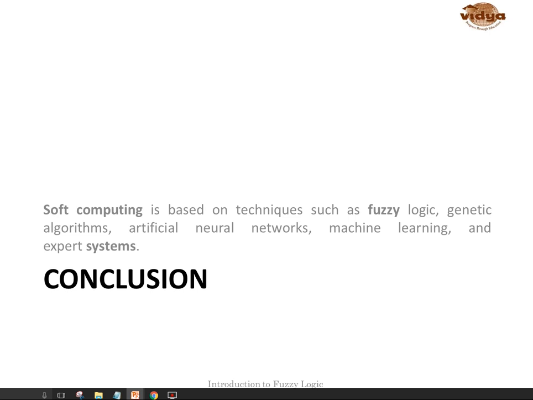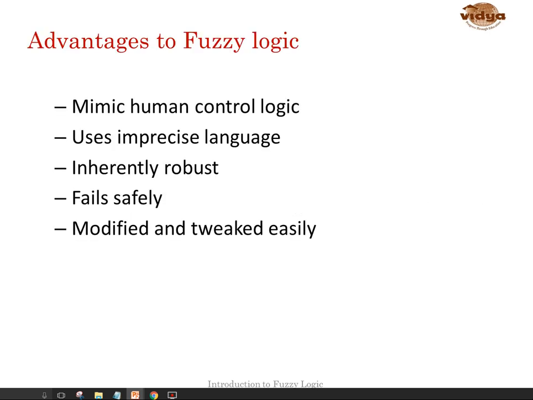However, the non-linear plots give a higher complexity. But looking to the advantage part, it mimics, as I told, uses imprecise language or linguistic value variables. It is inherently robust, fails safely, and can be modified and tweaked easily. This is the advantage part that I have already highlighted.